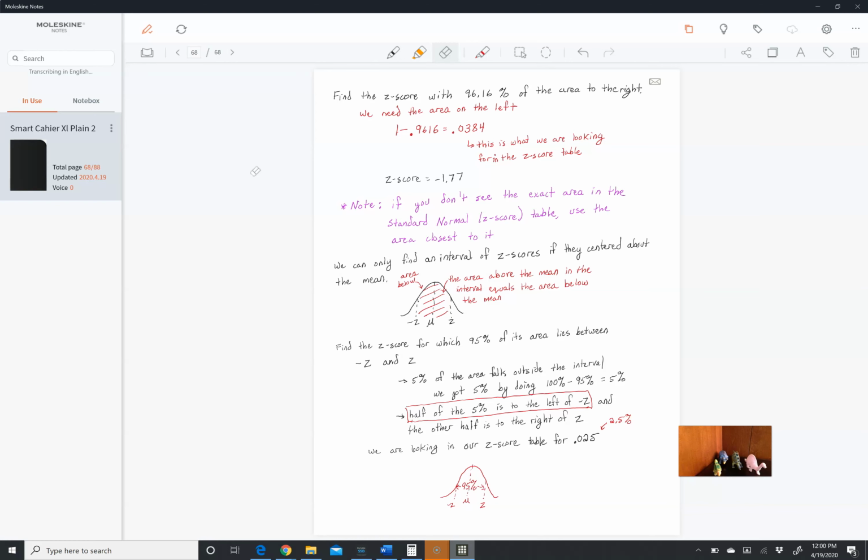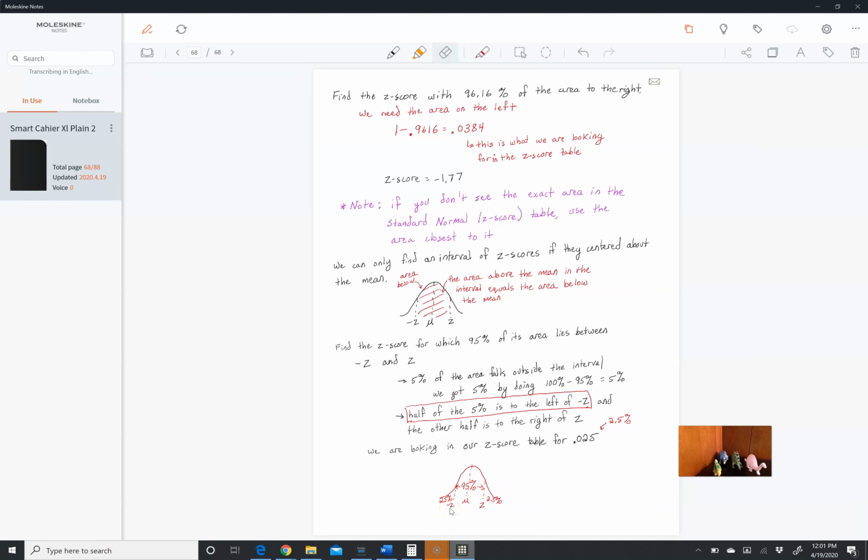Okay, and what does that mean? 2.5% is below and 2.5% is above. Okay, so what does that give us? A total of 100%. Okay, 95% in the middle. That means 2.5% is below negative z. 2.5% is above z.